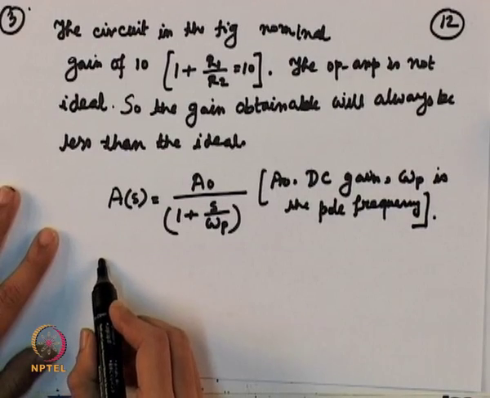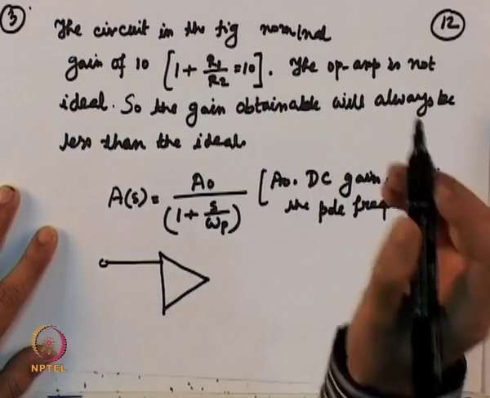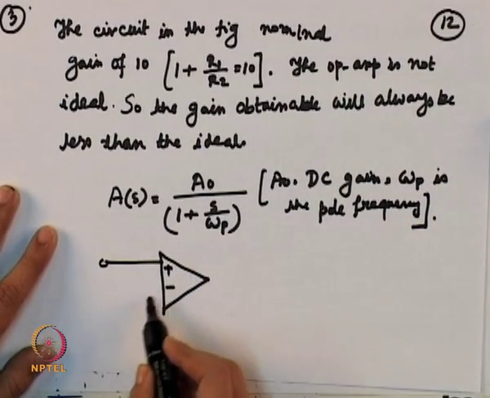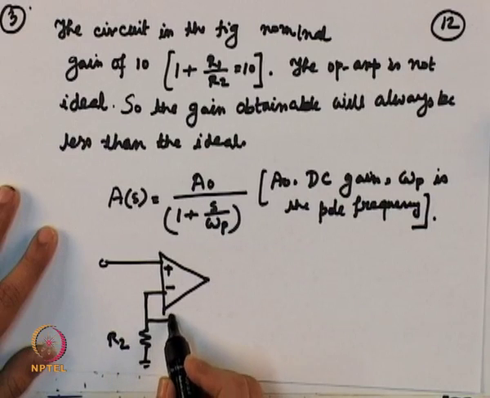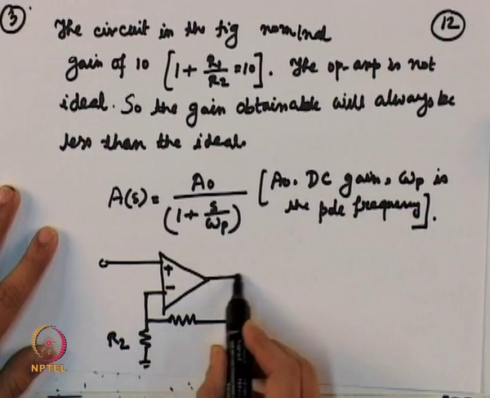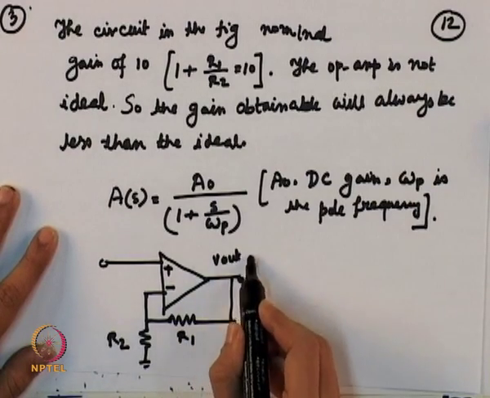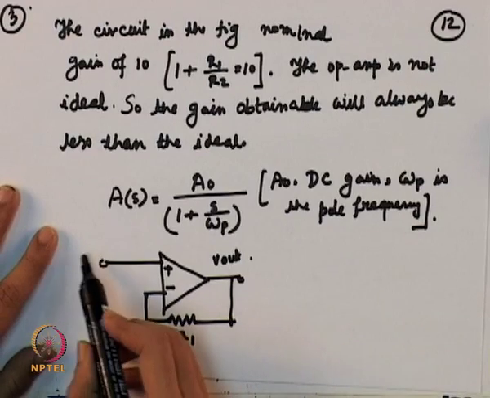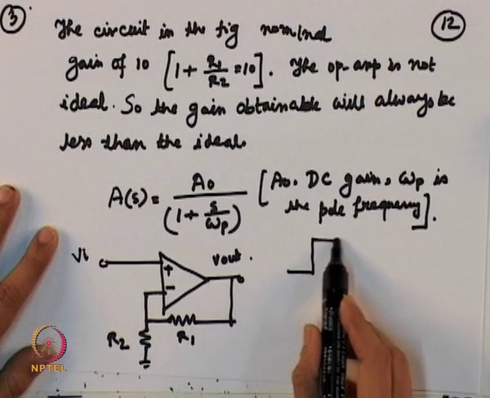So, the op amp is, this is plus, this is minus, this is R2, R1. The input that we have given here, this Vi, the input is actually like this.